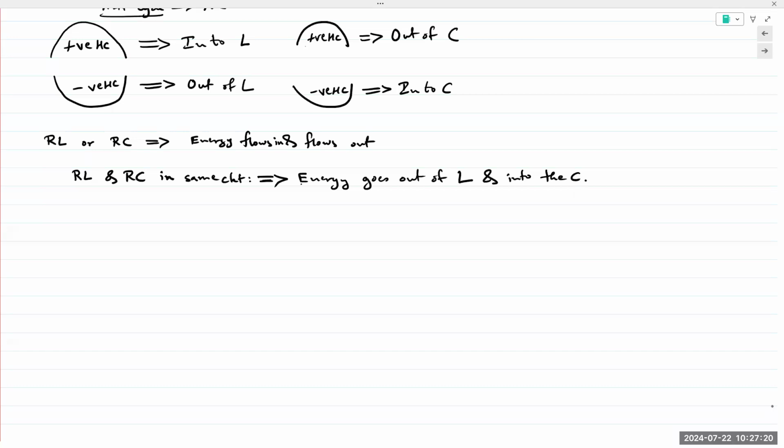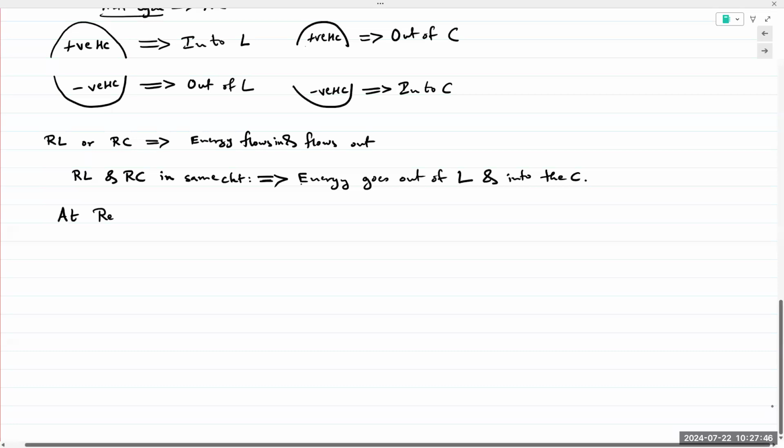But the size of the inductor and the capacitor does not matter when at one single particular frequency, the energy transferred between the two is exactly the same. Okay, it is exactly the same. And that happens at a frequency that is known as the resonant frequency.